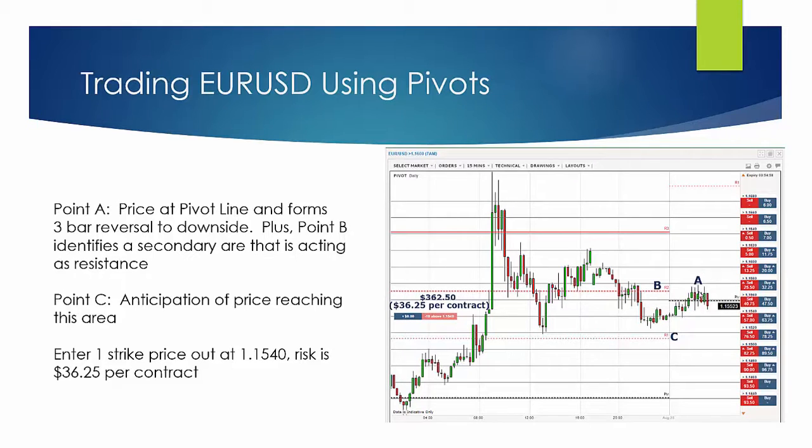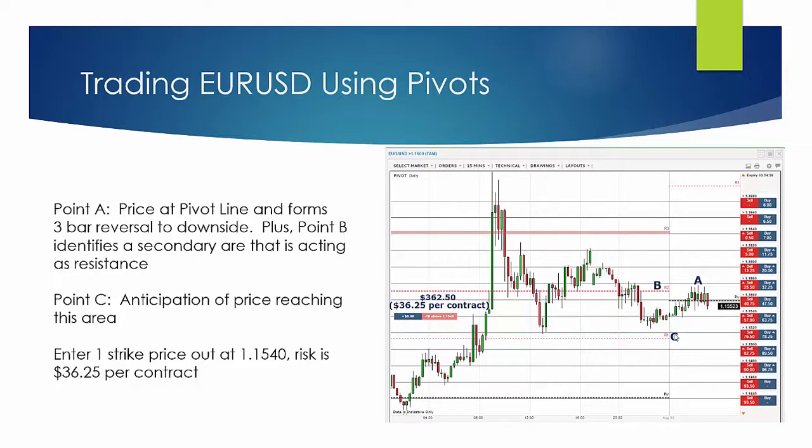So we have the 3-bar reversal right at the pivot line, and I enter at 1.1540, which is one strike price out. This is a 15-minute chart, and I am anticipating price to go to point C.